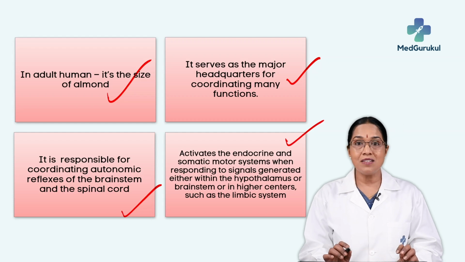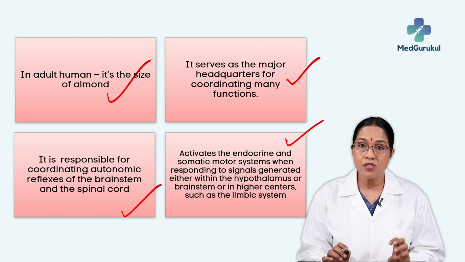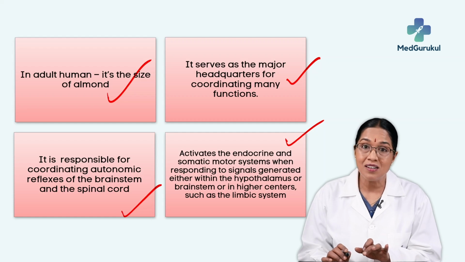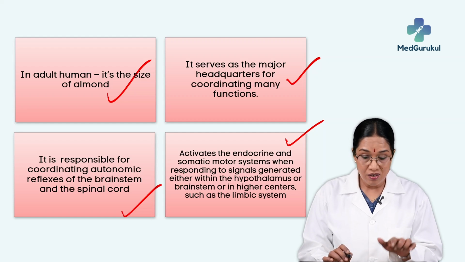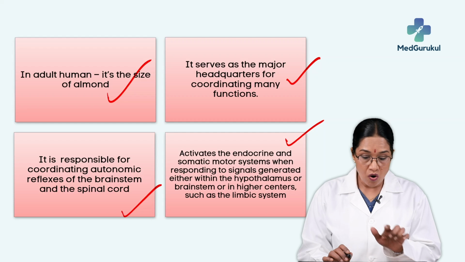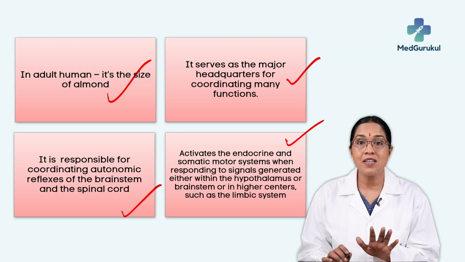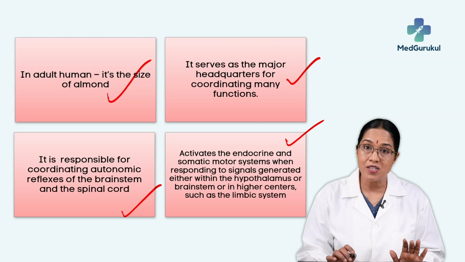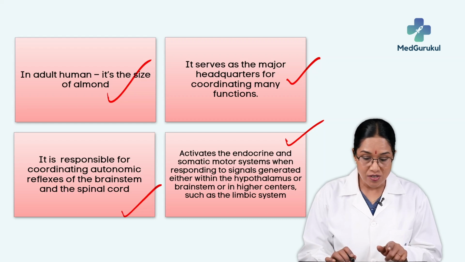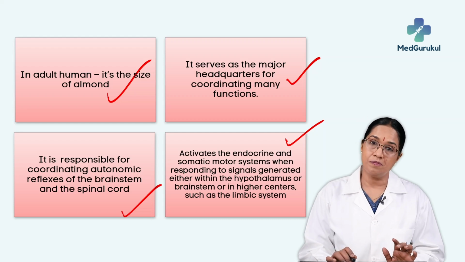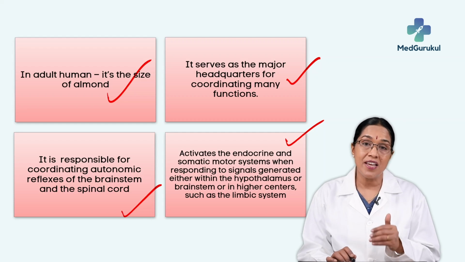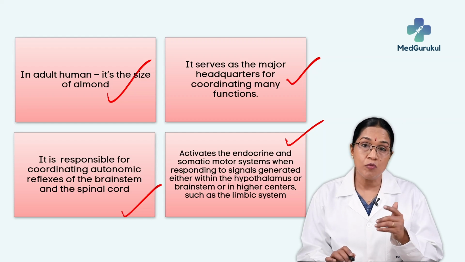And look at the last one. It activates the somatic motor system and endocrine system when responding to signals generated either within the hypothalamus or brainstem or in the higher centers such as the limbic system. Read through that last point once again. So, when does it activate the endocrine system and the somatic motor system?